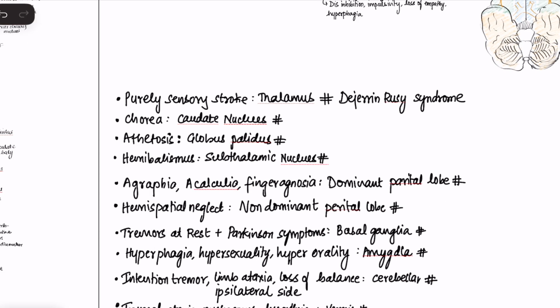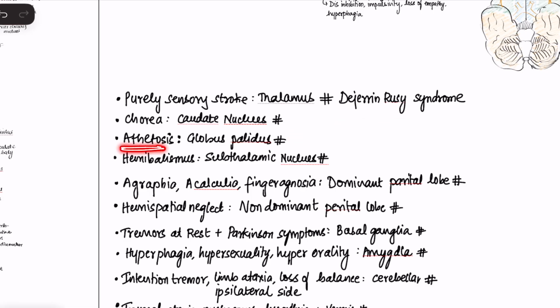Next, coming to hyperkinetic disorders such as chorea, athetosis, and hemiballismus. Now, chorea is more of a jerking movement. Chorea implies damage to the caudate nucleus. Then there is athetosis. Athetosis is more of a wringing movement, that is like how you twist your wrists or how you twist your digits, right? It occurs mostly in distal limbs.